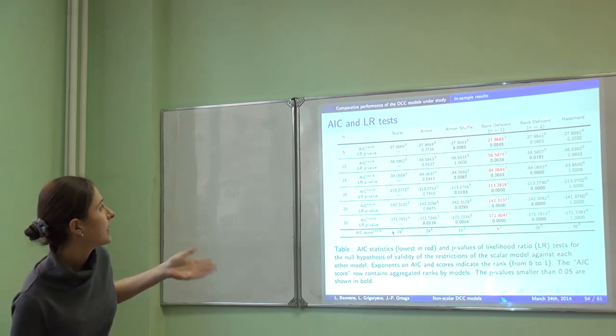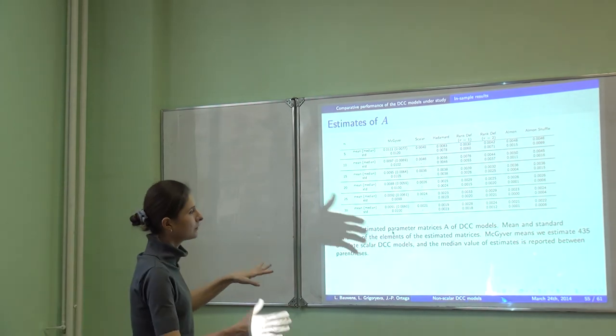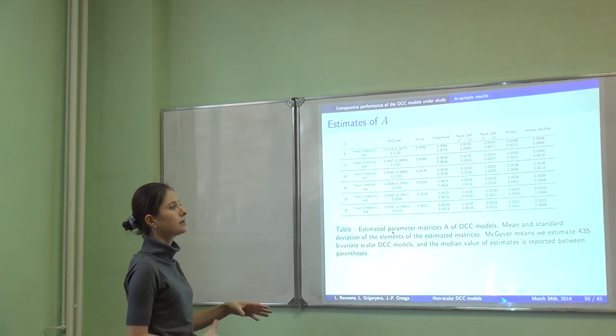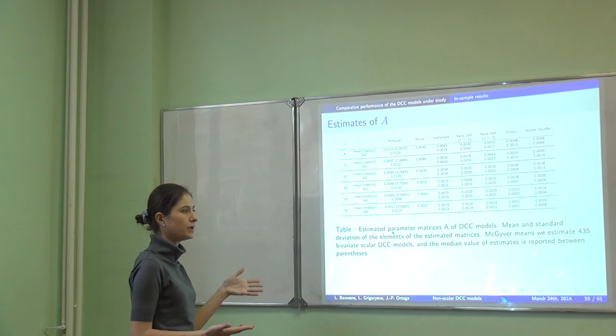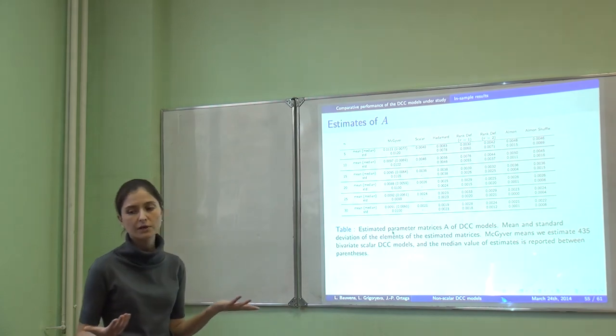That's why with these ASCLR tests, I show you there are some problems with these kinds of models, DCC models, that there is some bias present for both estimates of A and estimates of B, which comes with the type of model. So actually this doesn't come from our estimation, it's just a feature of these models.